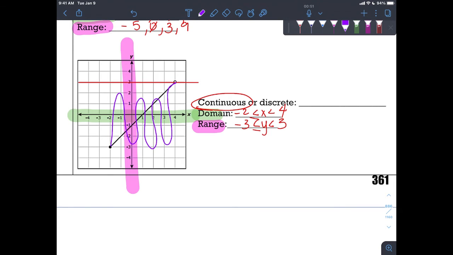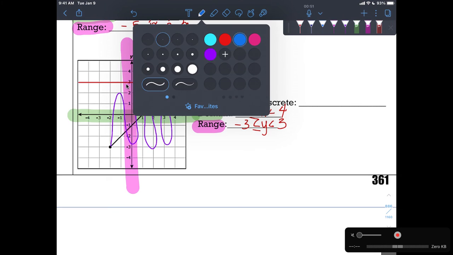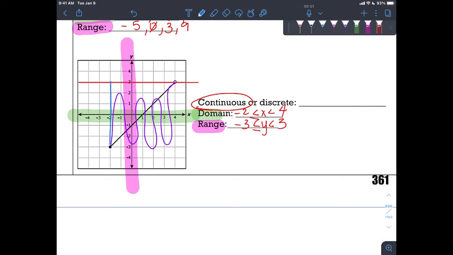It could look exactly like what I just drew, and it would still have the same domain and range. Why? Because it goes the same distance out here, same distance down here, same distance over here, same distance over here. It is still inside of essentially what you can view as a box.